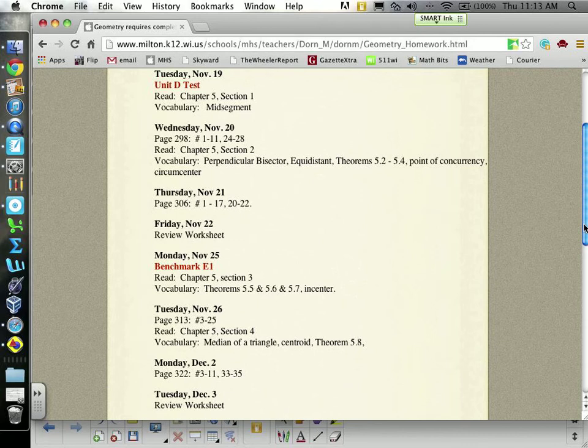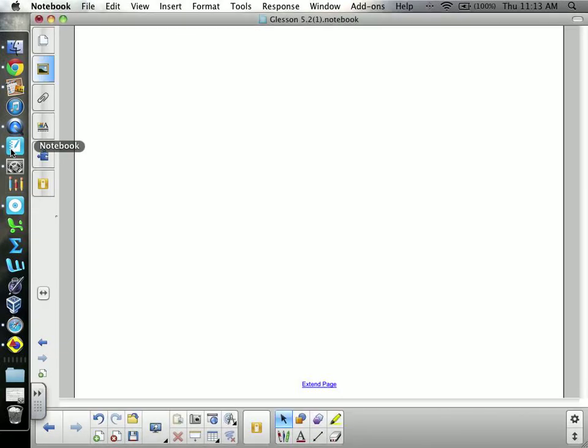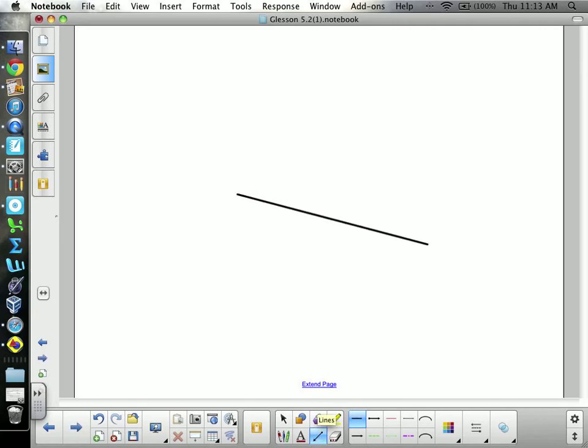Some of it just deals with perpendicular bisectors. So some of it just deals with, here's a segment.